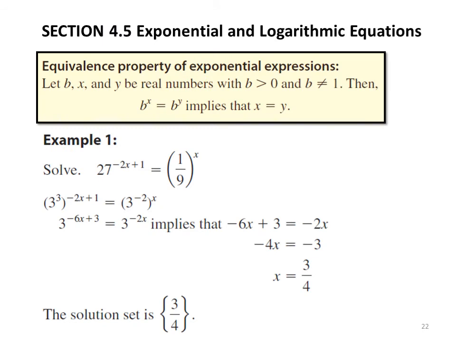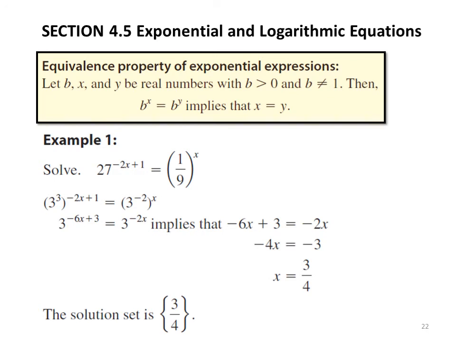Also now we would like to see how we can handle exponential and logarithmic equations, how to solve them. We have a property that will be useful. This is called the equivalence property for exponential expressions. Here b, x, y are real numbers, b greater than 0 and b does not equal 1. If b to the x equals b to the y, then x is equal to y.